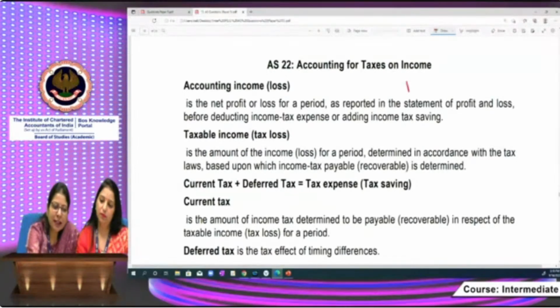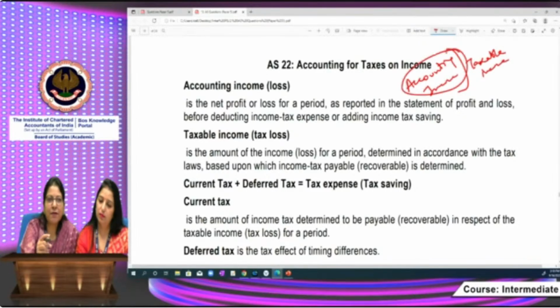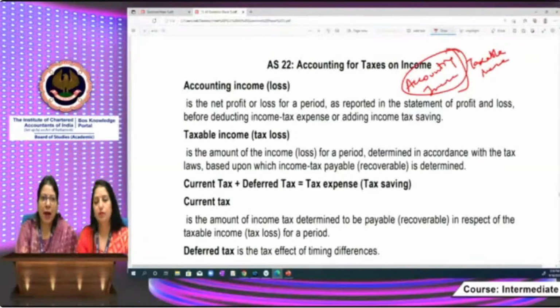You know that there is accounting income and there is taxable income. Accounting income is the income calculated by the entity in its books of accounts, the income or loss as per my accounting information, whatever method of depreciation I am charging, whatever expenses and revenues I am booking.